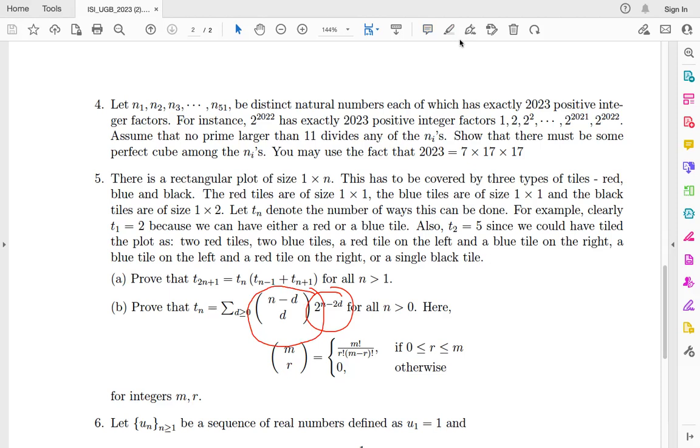So then the question is that now I know that if D black tiles are going to be placed, now in how many ways? So the very first question that comes is in how many ways they can be placed.